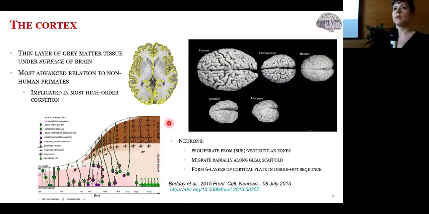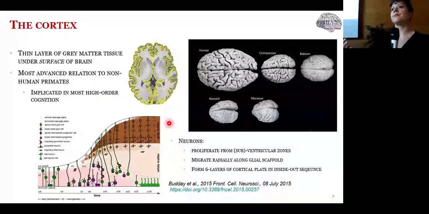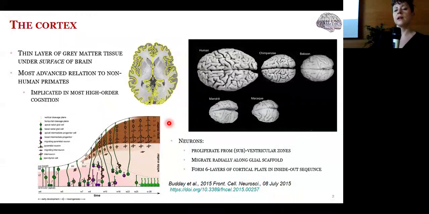And the process of cortical development is complex and multifaceted, but if we break it down into very simplified terms, it involves the birth and the proliferation of cells at the center of the brain within the ventricular zones. They then migrate out radially towards the cortex along the scaffold of glial cells to form the 6 layers of the cortical plate in an inside-out sequence.